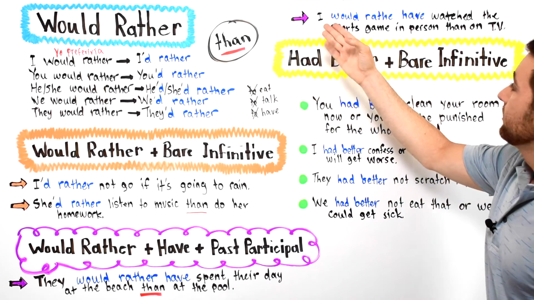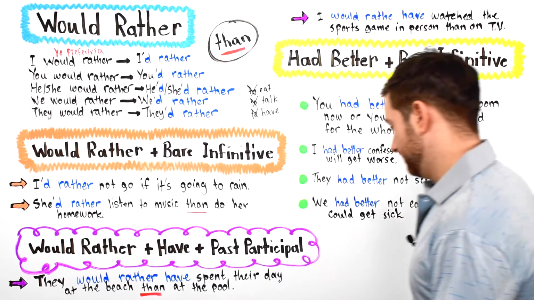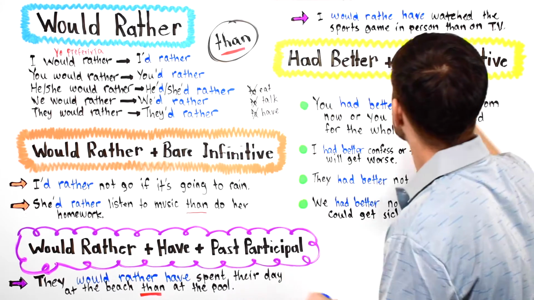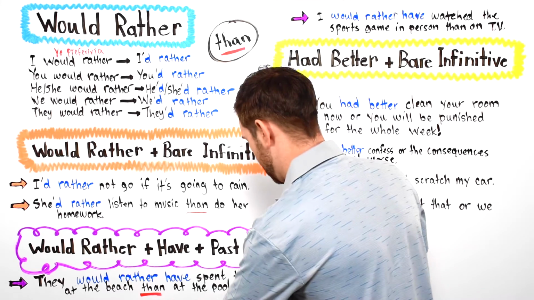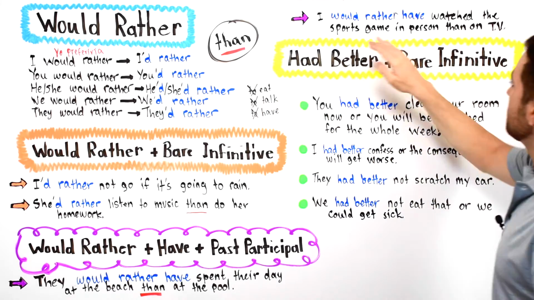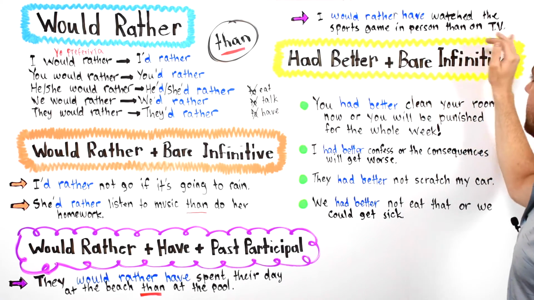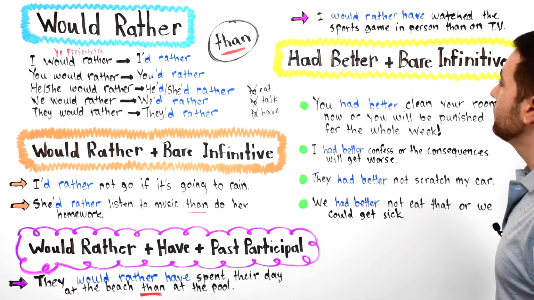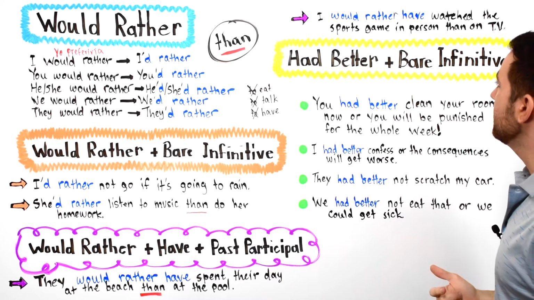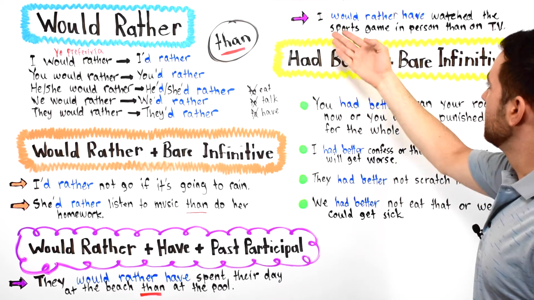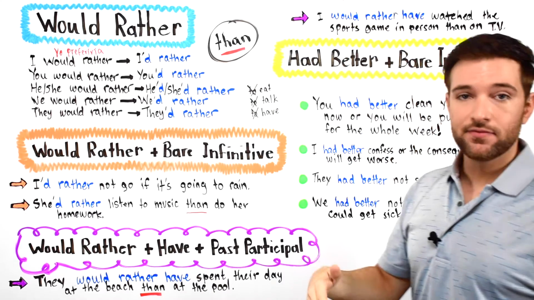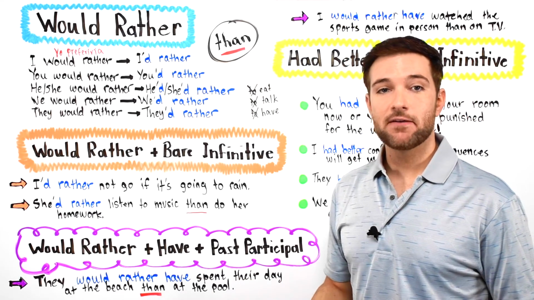And then we have I would rather, with an R, sorry guys. I would rather have watched the sports game in person than on TV. So, I would rather have is like yo preferiría haber visto.